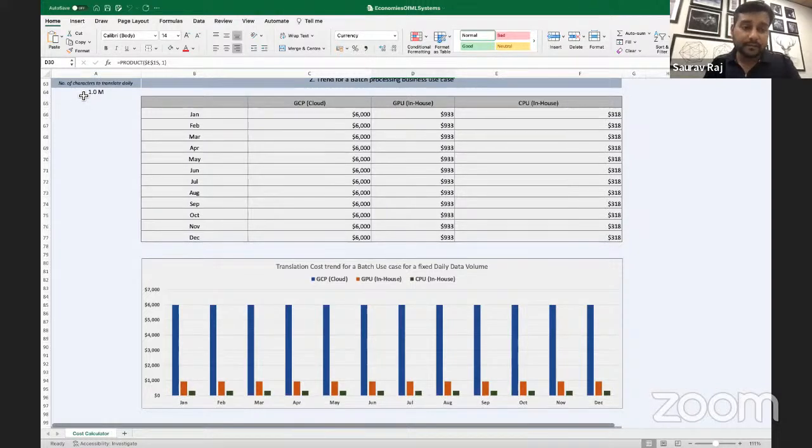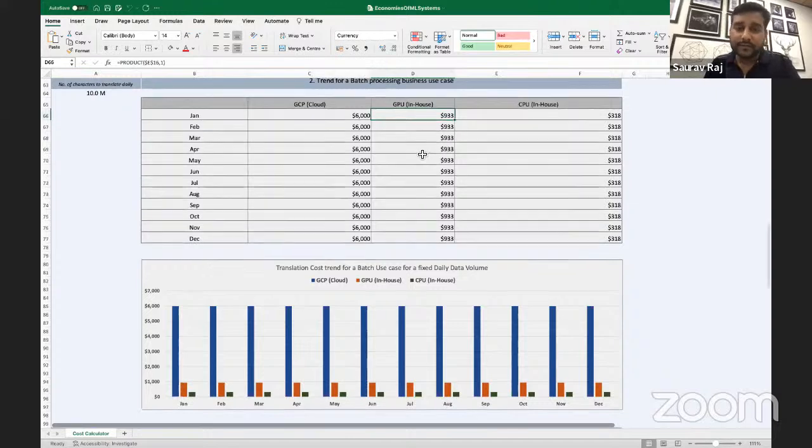But the difference would be more pronounced if you increase your daily data volume. So if your data volume is more, the savings would be even more pronounced. So for 10 million characters, you're going to pay $6,000 as your cloud processing cost, but your in-house cost is just close to $1,000. So even for a batch use case.